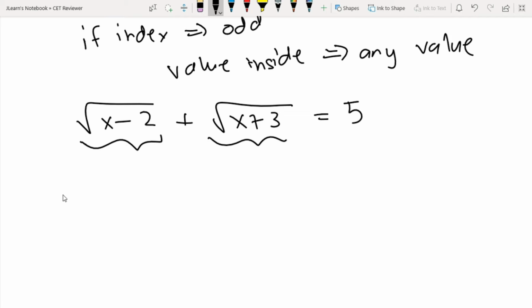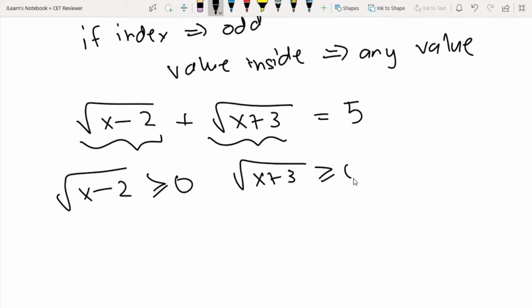Okay? So, yung square root ng x minus 2, since square root siya, should be always greater than or equal to 0. And yung square root ng x plus 3, ganun din, no? Square root of x plus 3 should be greater than or equal to 0.